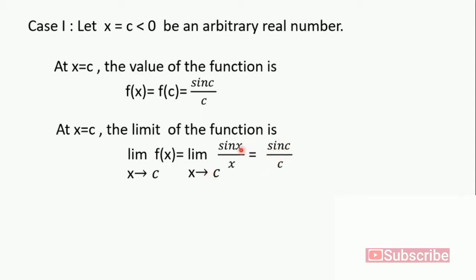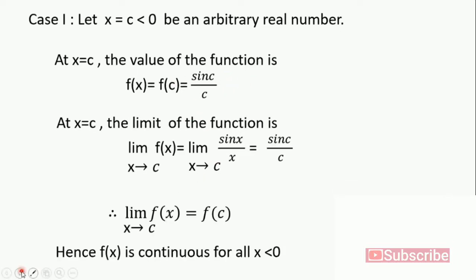Now putting x is equal to c, we get this limiting value sin c by c, which is exactly the same as the value of the function. So this function is continuous for all x less than 0 because both values are equal. This is a simple concept, I think you understood.